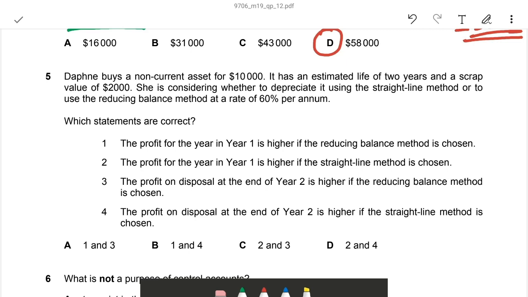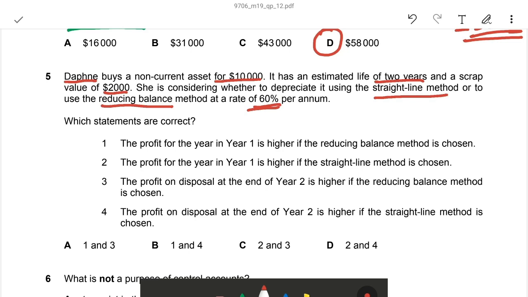Fifth one. Daphne buys a non-current asset for 10,000. It has an estimated life of 2 years. Scrap value 2,000. She is considering whether to depreciate it using the straight line method or the reducing balance method at 60%.